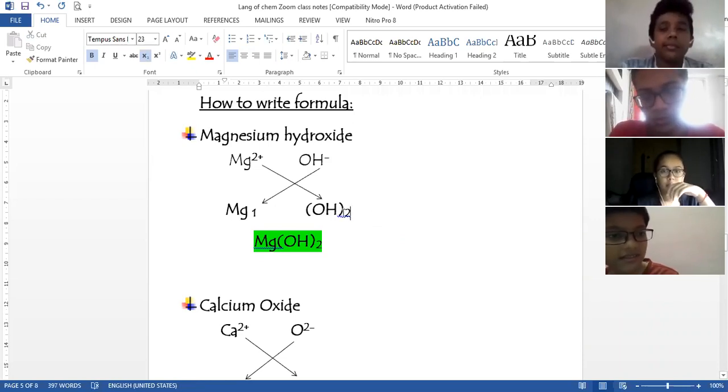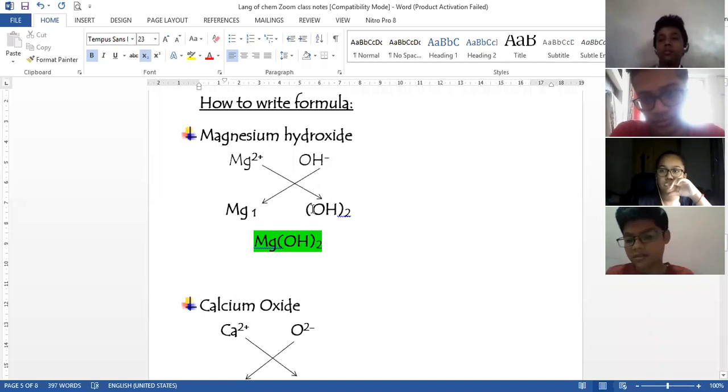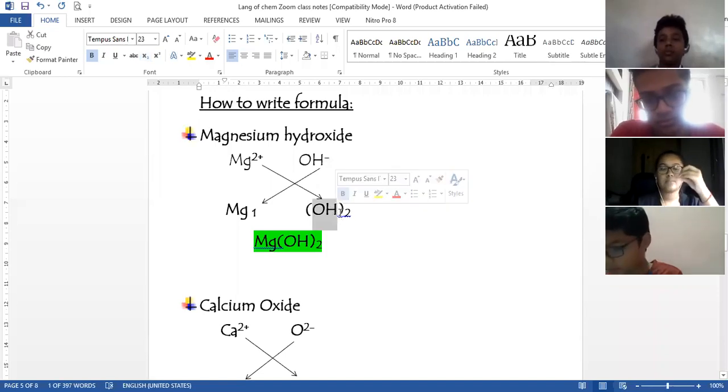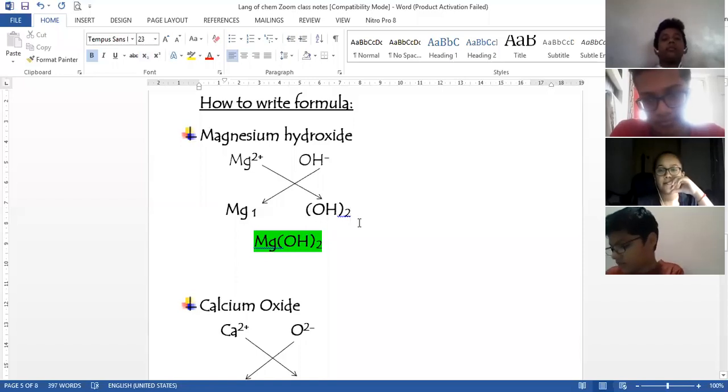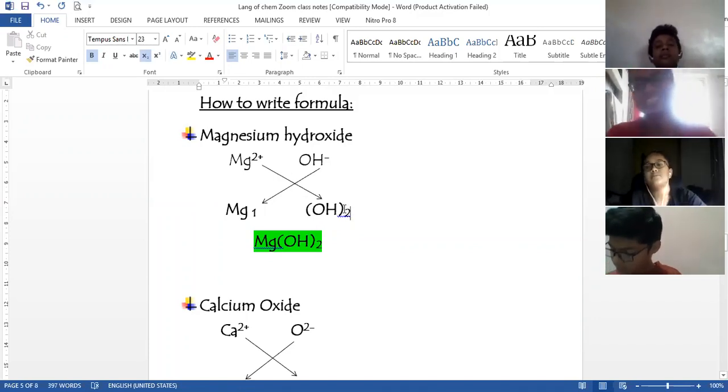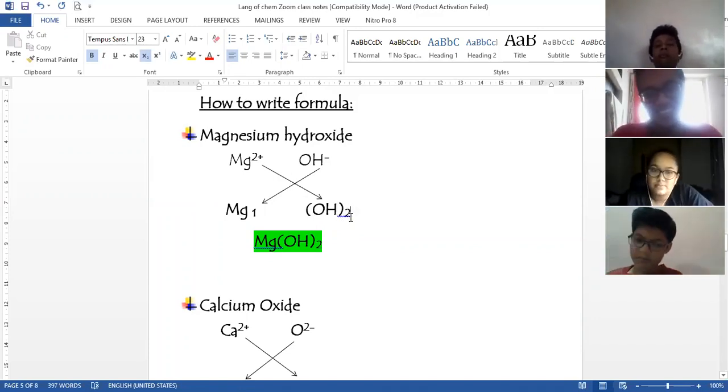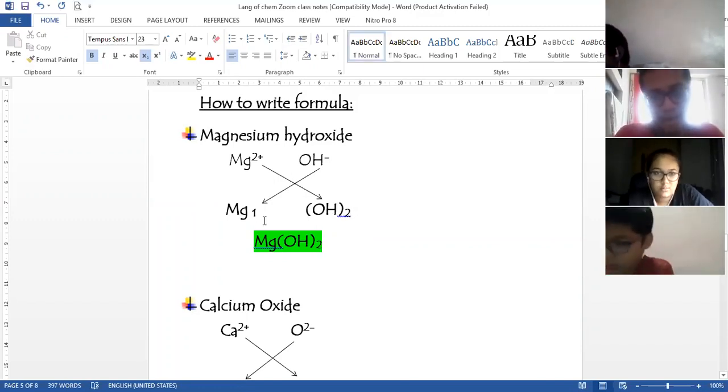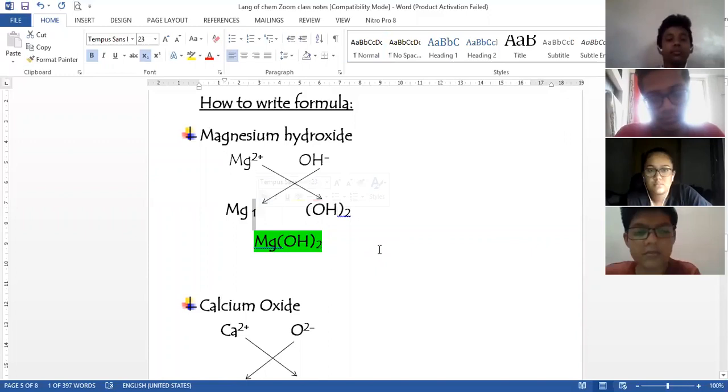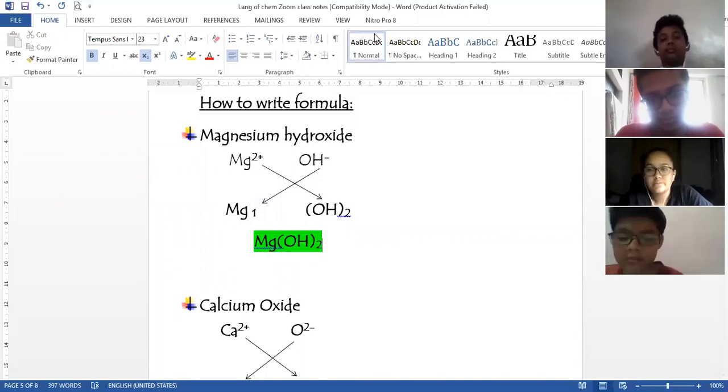In this case it is quite fine, but if you have a sulfate, you will have SO4 already there, and if you bring the 2 down there, it becomes SO42, right? That should not happen. That's the reason we put radicals in a bracket. So you put the radical in a bracket and then put the number outside the bracket. And the last step is, if the number is 1, we generally don't represent that number anywhere in the formula.